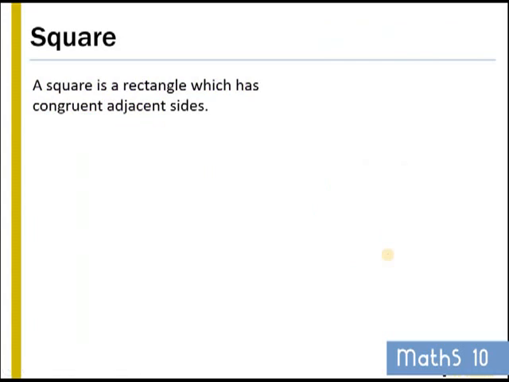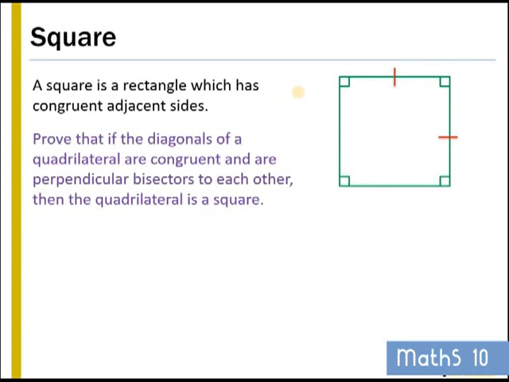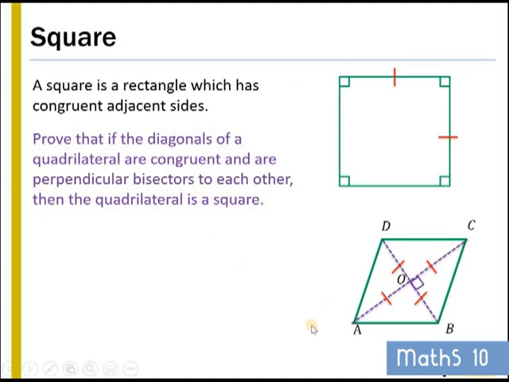A square. A square is a rectangle which has congruent adjacent sides, like this. Prove that if the diagonals of a quadrilateral are congruent and are perpendicular bisectors to each other, then the quadrilateral must be a square. So let's start with a quadrilateral where the diagonals are congruent and are perpendicular bisectors to each other.